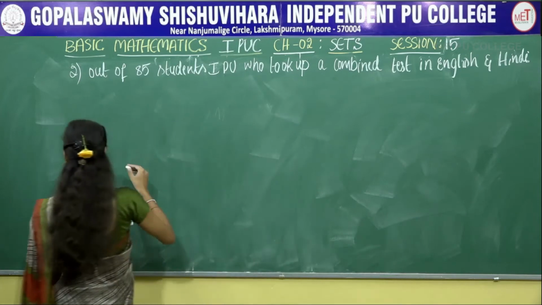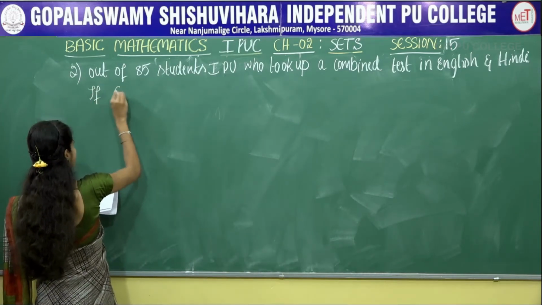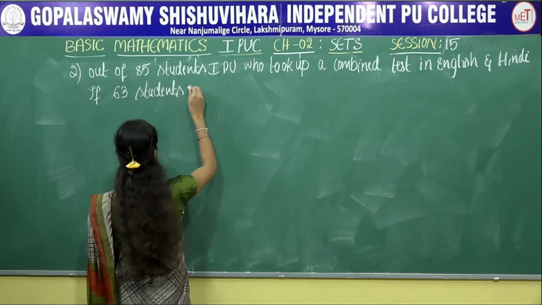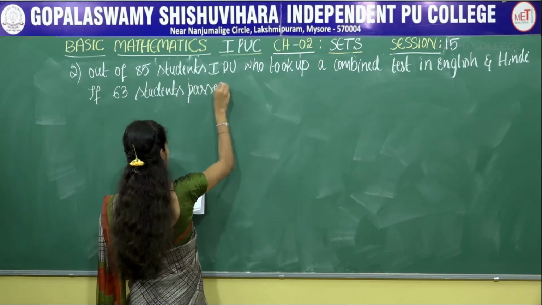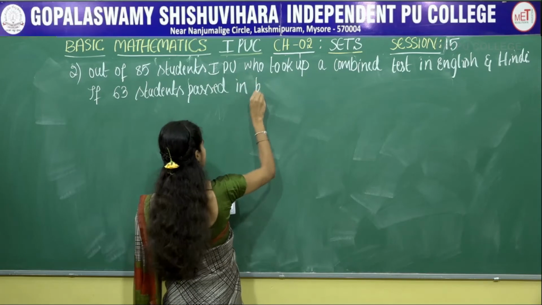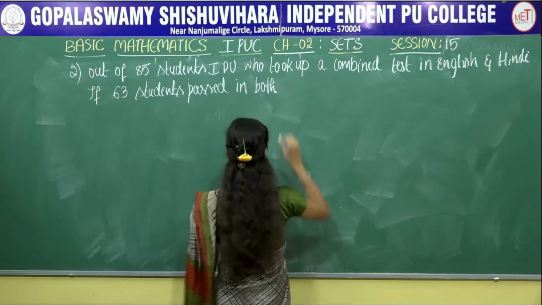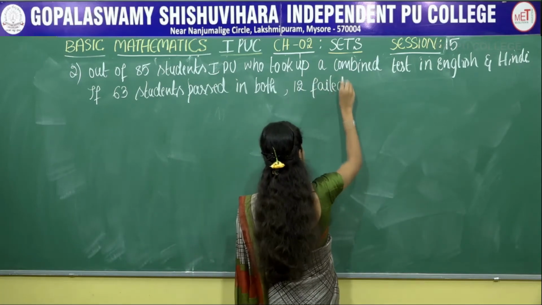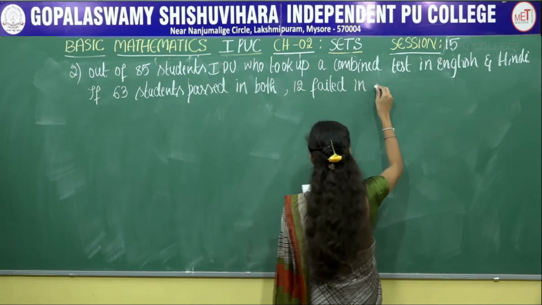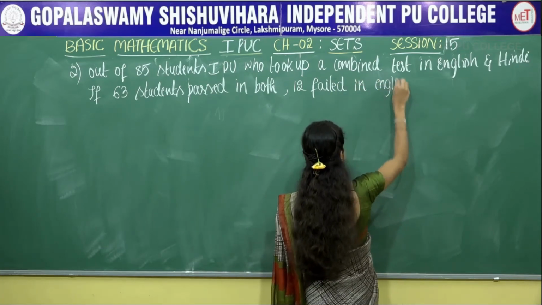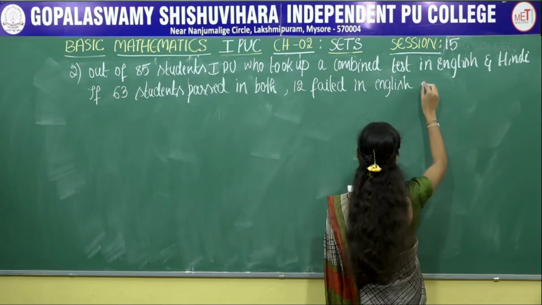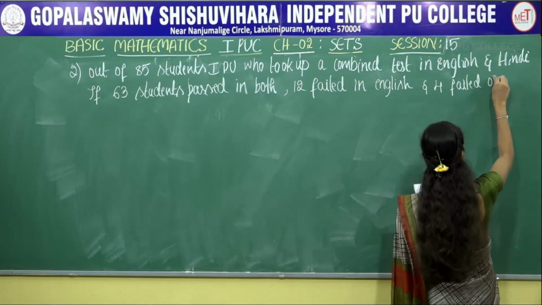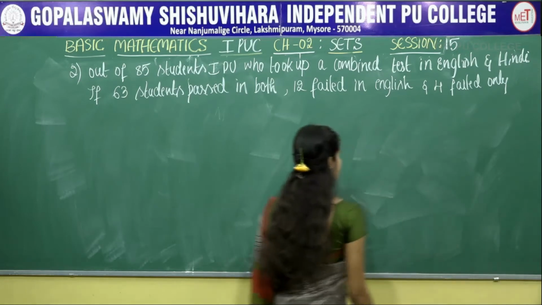If 63 students passed in both, 12 failed in English, and 4 failed only in English.